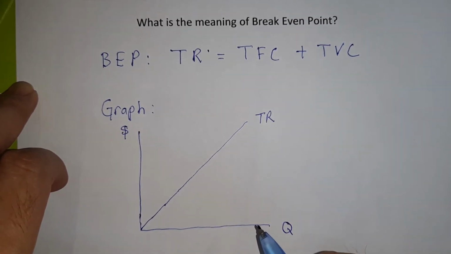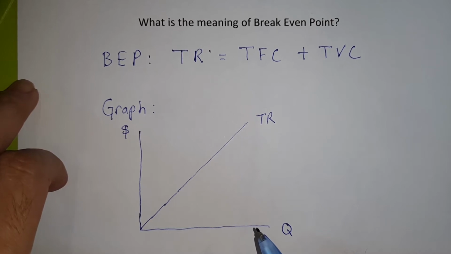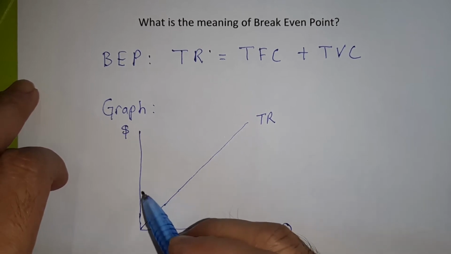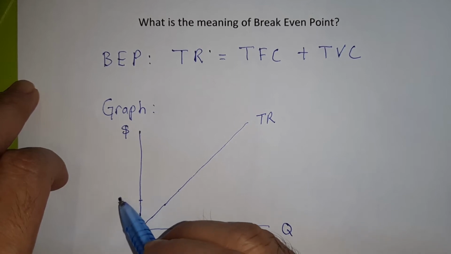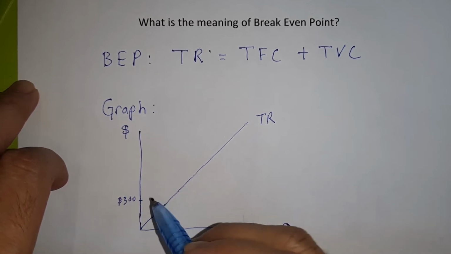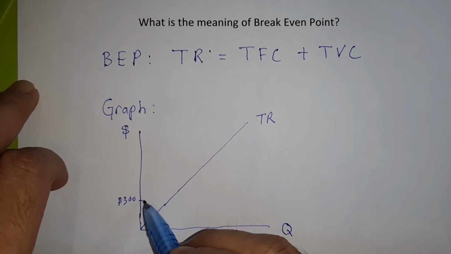And if you draw the total cost graph for Rose, then you will get something like this. The fixed cost is $300. So total cost is total fixed cost plus total variable cost.